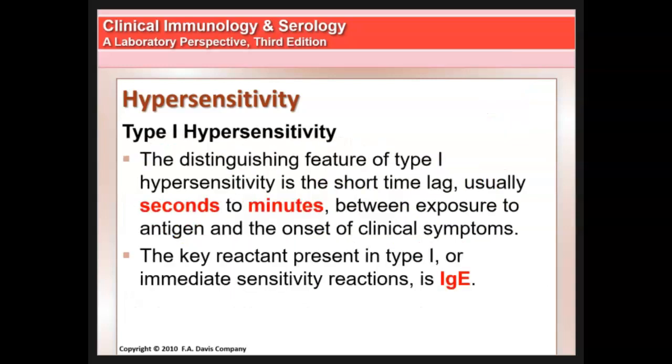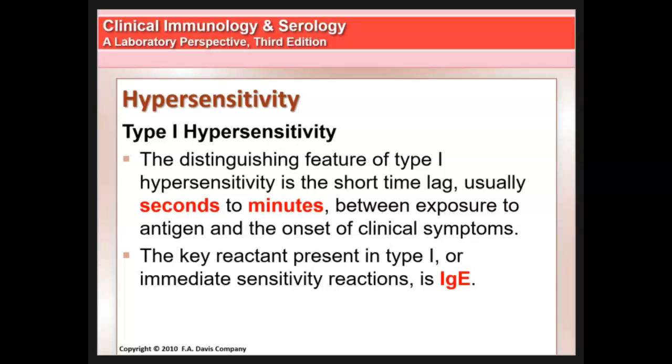Okay, back to type 1 hypersensitivity. We're going to get down into the details of this. Anaphylactic reactions are mediated by mast cells. That's very important. The distinguishing feature of type 1 hypersensitivity is the very short lag time, usually seconds to minutes, between the time you're exposed to the antigen and the onset of clinical symptoms.